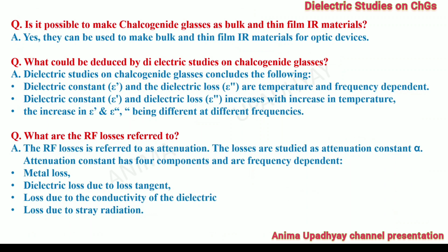Is it possible to make chalcogenide glasses as bulk and thin film IR materials? Yes, they can be used to make bulk and thin film IR materials for optic devices. What could be deduced by dielectric studies on chalcogenide glasses?